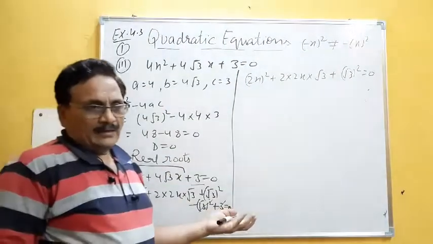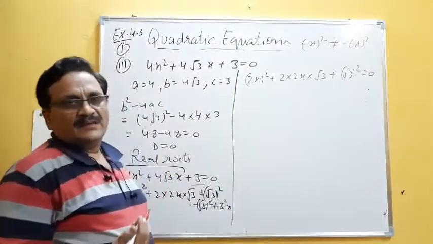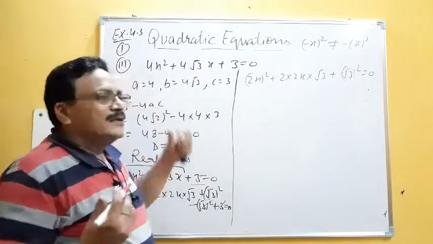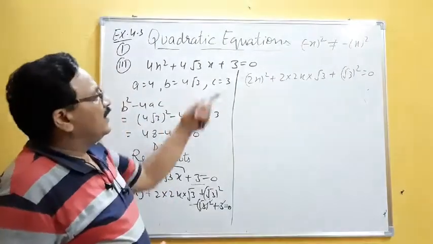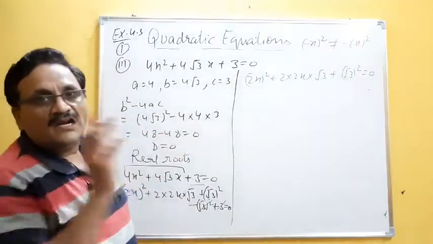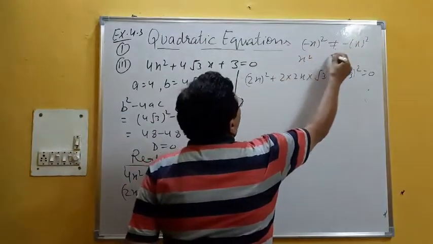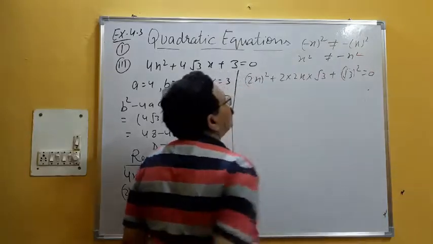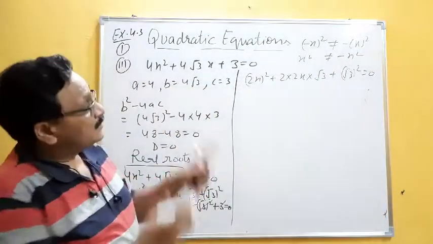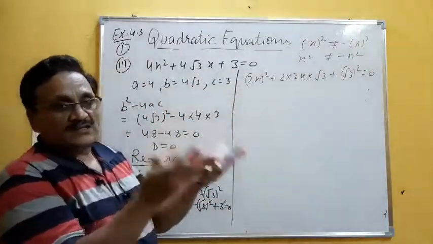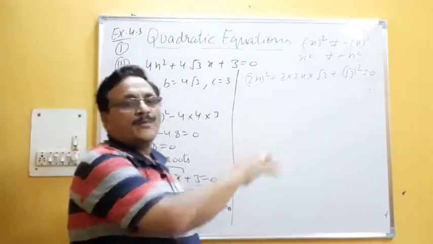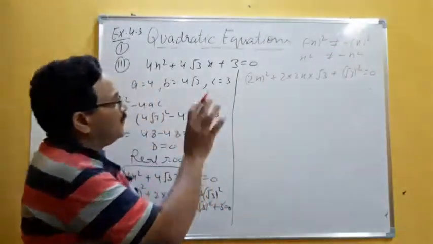Even 11th students are making the same mistakes. They are not doing it intentionally, but they are hurried in calculations, so they consider both the same thing. But this is 100% wrong, because this result will be x square and this result will be minus x square. So they are not the same, because this minus is outside the bracket. In the first Bodmas step, bracket off, then you multiply this minus sign inside. So please keep in mind.